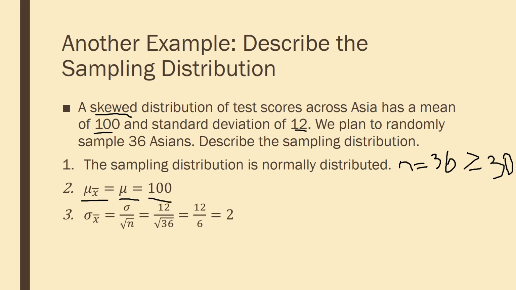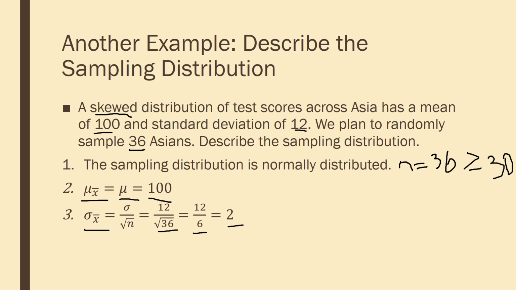And then we're going to calculate the standard error, and we're going to use the other formula that I had because we already have the standard deviation instead of the variance. So we're going to take the standard deviation of 12 and divide it by the square root of 36, which is our sample size. So we're going to have 12 divided by the square root of 36, and so that's going to be 12 divided by 6, which equals 2.